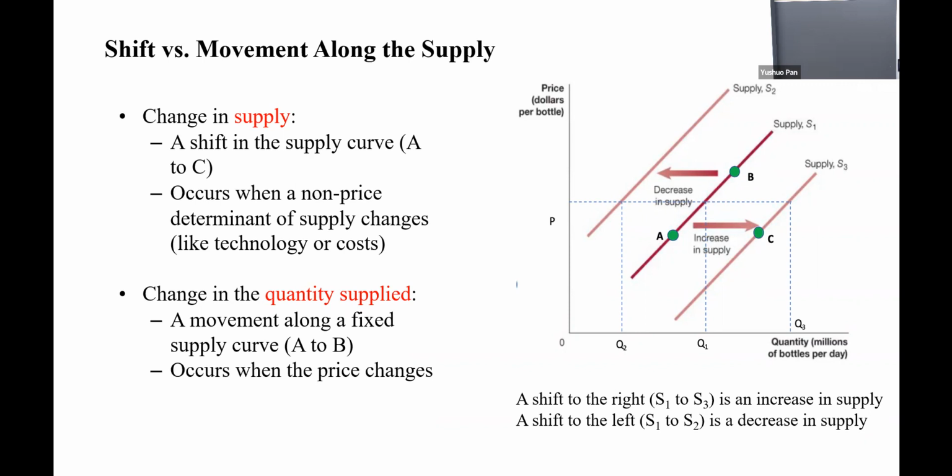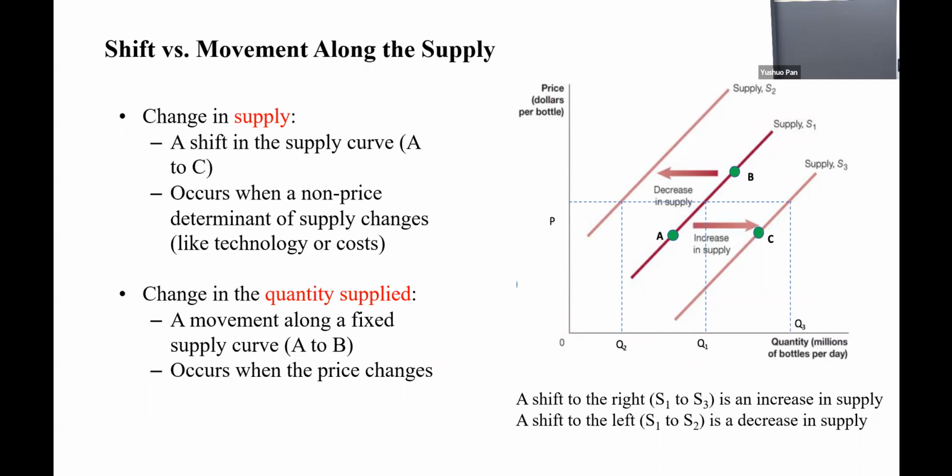And again, there are only 4 determinants for a supply curve move. And for the change in the quantity supplied, there is only one reason to cause that: the price of that product changes. So a movement along a fixed supply curve from point A to point B only occurs when the price changes.